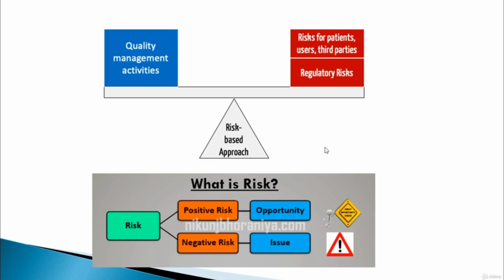Of course, positive risk would give us an opportunity, and negative risk would create an issue. So our QMS or quality management system requires careful planning, structure, and continuous optimization. The key to this is that you need to ensure that your stakeholders are engaged, and your employees must always be looking for opportunities to meet customer requirements and enhance customer satisfaction.